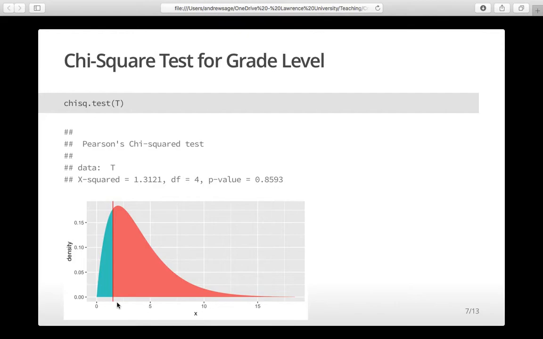If we look at the probability of getting something more extreme than 1.31, which in a chi-square distribution means to the right of 1.31, that probability is very high. In fact, from the R output, we see that the p-value is 0.8593, a very large p-value.